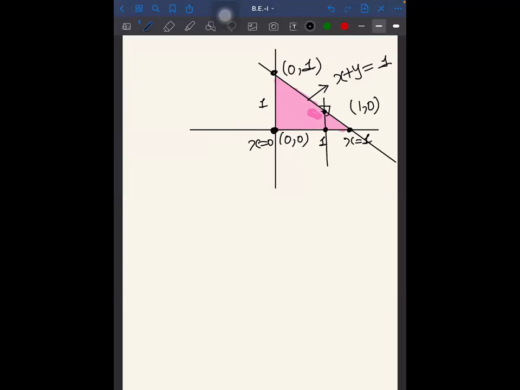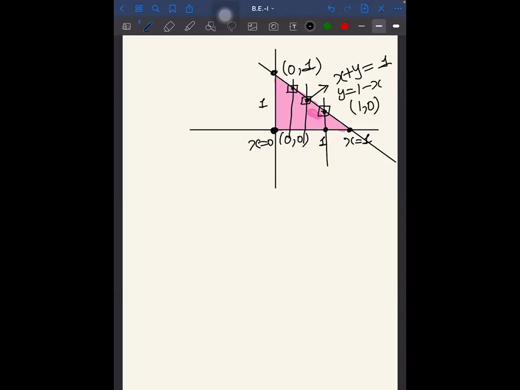So this limit is not fixed, this limit is varying. And y is varying as y is equal to 1 minus x.